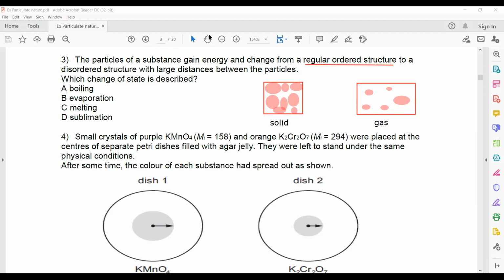So when a solid directly changes to a gas, we call that sublimation. Is it clear to everyone?